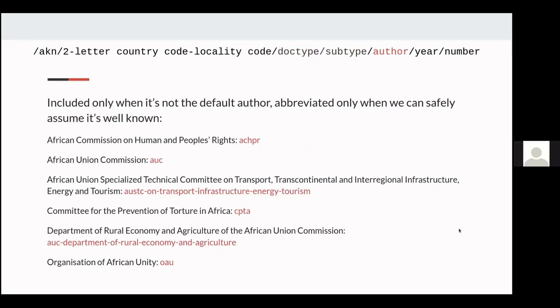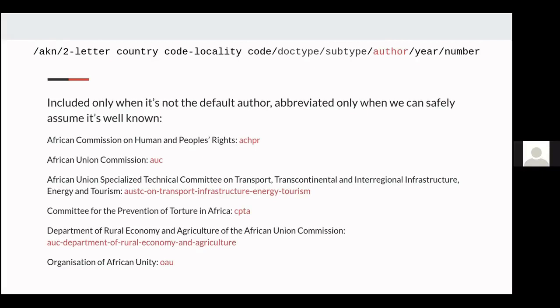So moving on to author. We only include the author when it's not the default author. So in South Africa, the default author is the National Assembly. They promulgate all the legislation. So we never mention National Assembly as the author in South Africa, as an example.